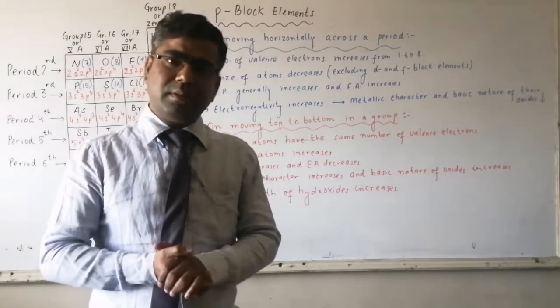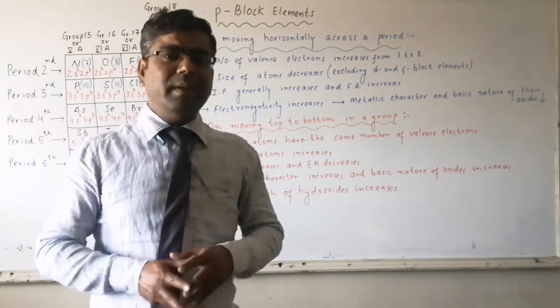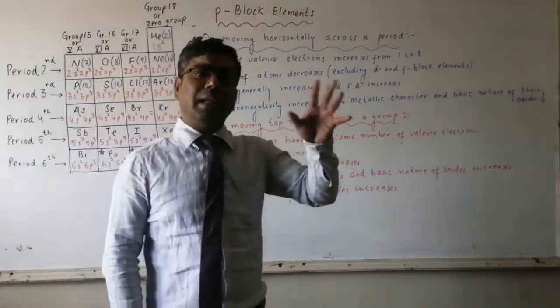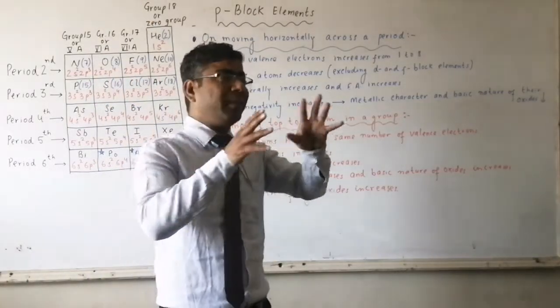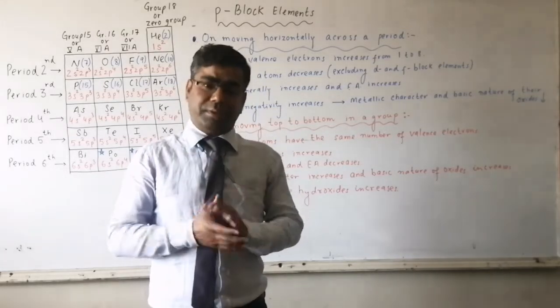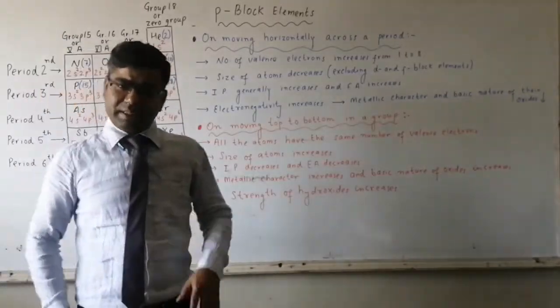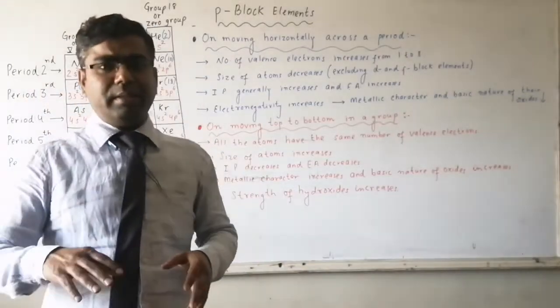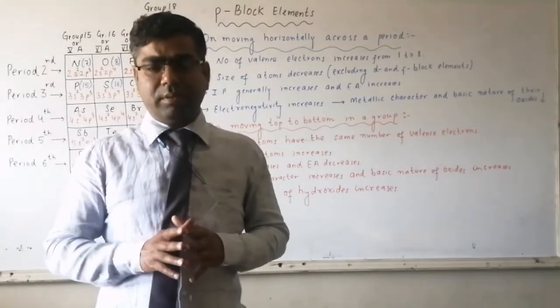Noble gases because these elements are noble. These elements do not disturb other elements. These elements are not reacting with other elements because their octet is complete. The first member, that is helium, is an exception, because in helium we are having maximum of 2 electrons.